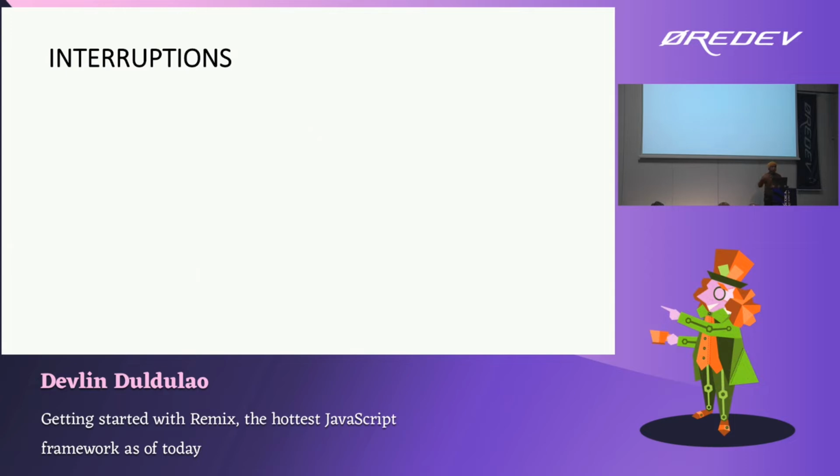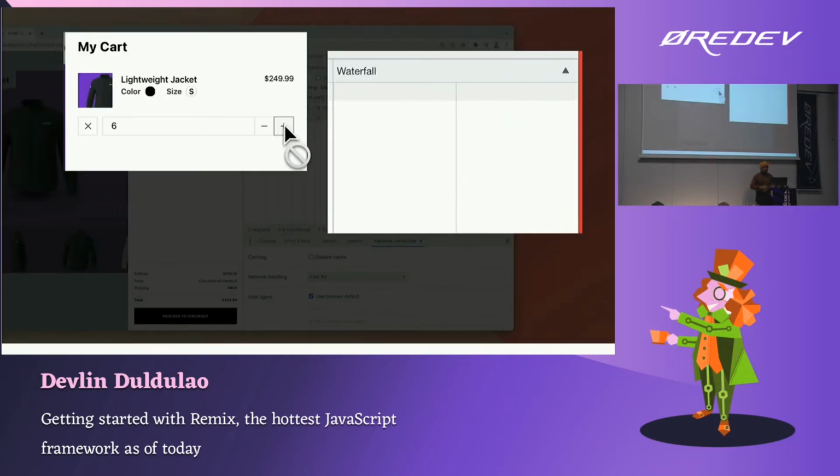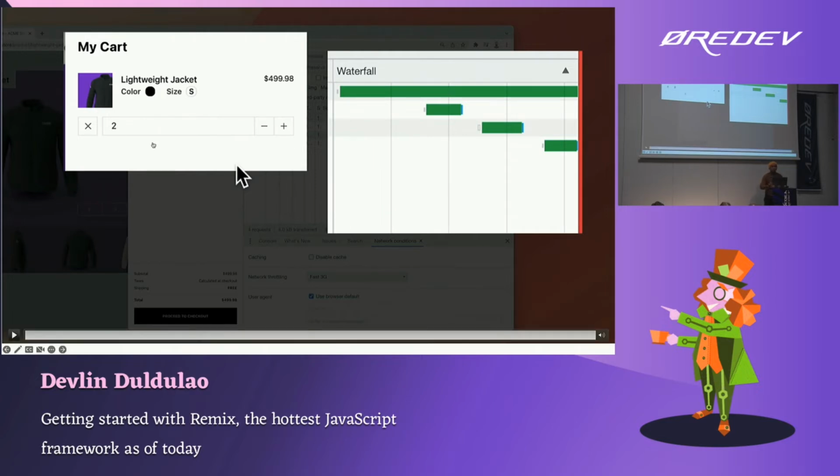What about interruptions? So interruptions, Next.js doesn't manage race conditions, interruptions or revalidation. So the UI is now possibly out of sync with the server if you click too much.